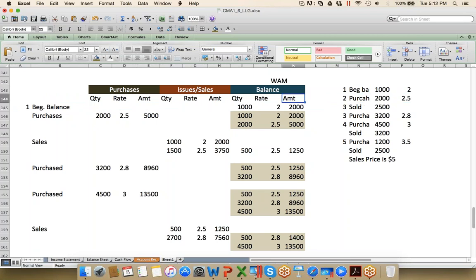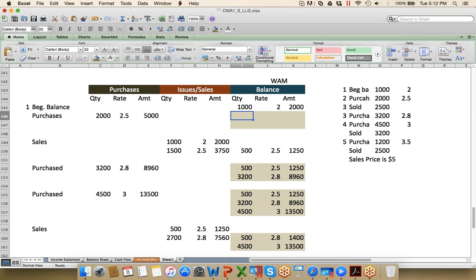We purchased 2000 units, 2.5, 5000. The importance of this method is never maintain the history like this. What you need to do is add quantity to the quantity purchased, add value to the value purchased. So let me remove this previous calculations.